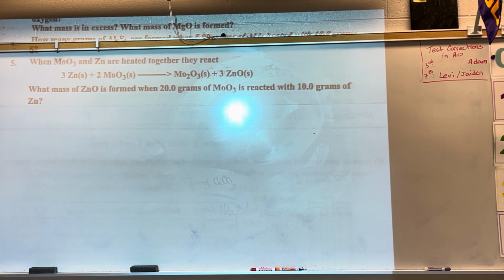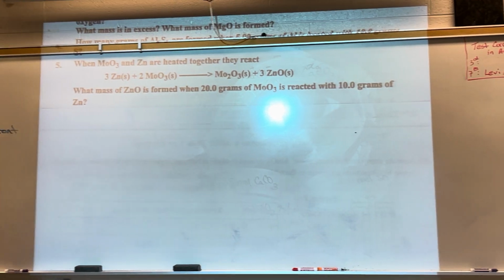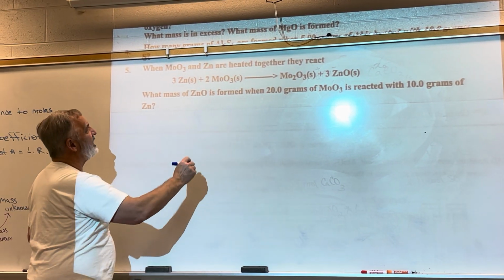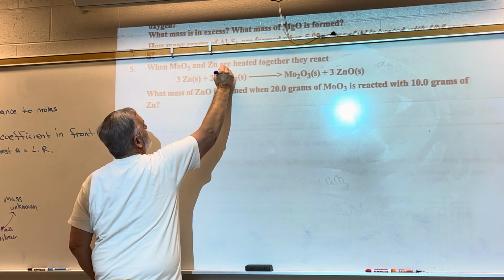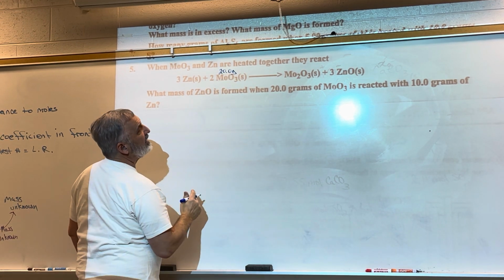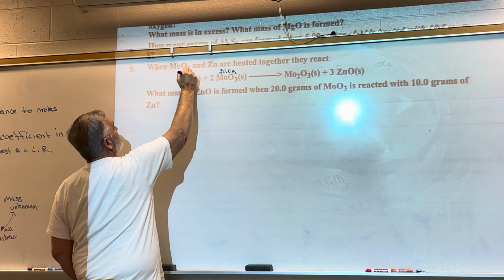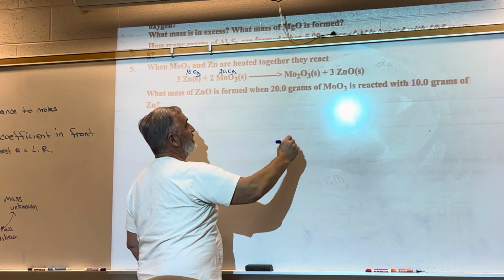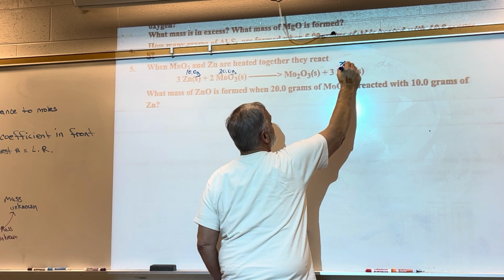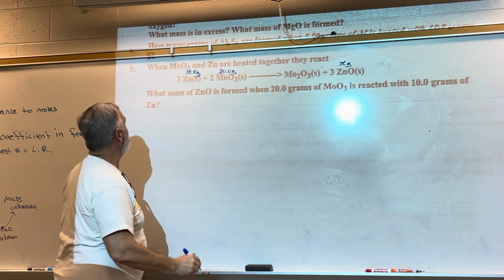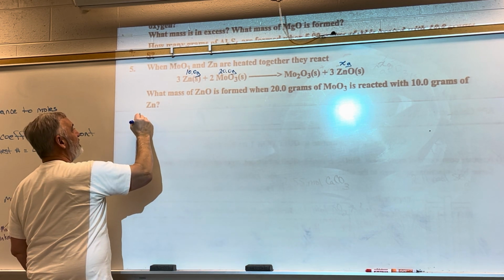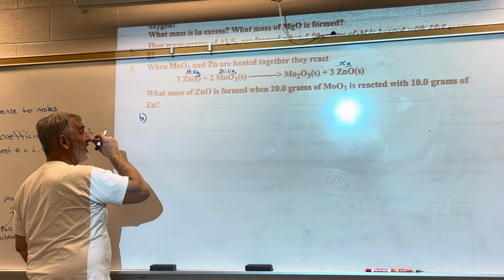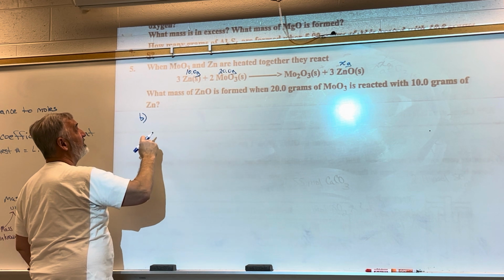So we have these reactants when they're heated together. We've got 20 grams of this one, and we have 10 grams of zinc. What mass of ZnO, X grams of this? And then we're going to add in B. Oh shoot, I forgot that in the C of the 7.